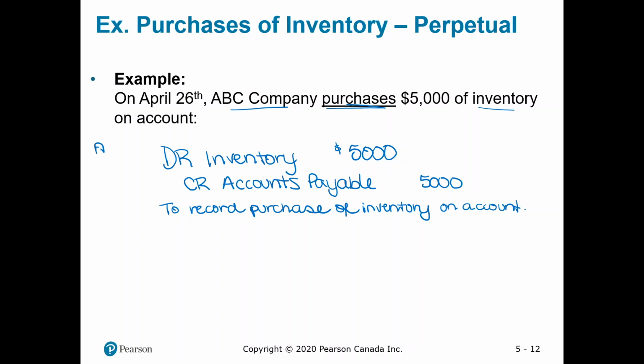We'd also want to have our date here, April 26th. So we buy this inventory. So you would actually get an invoice from the supplier where you bought this inventory. It would show this $5,000 and therefore you would record it. So the purchase side is pretty basic. We got inventory, so we record it through that account.